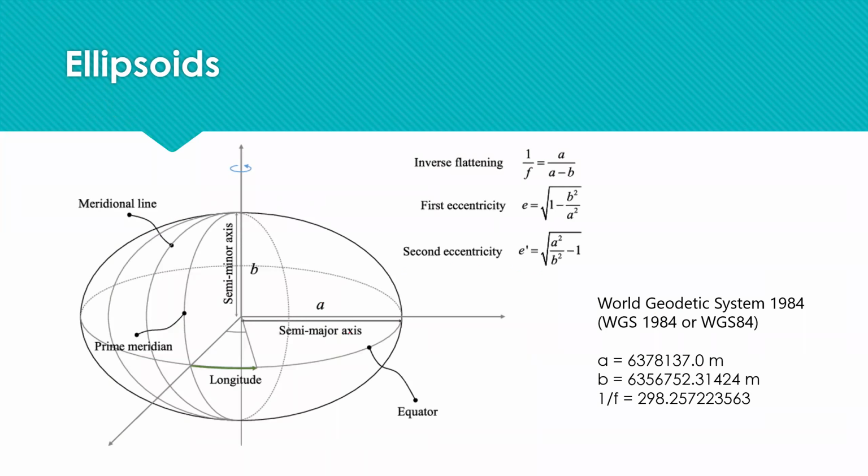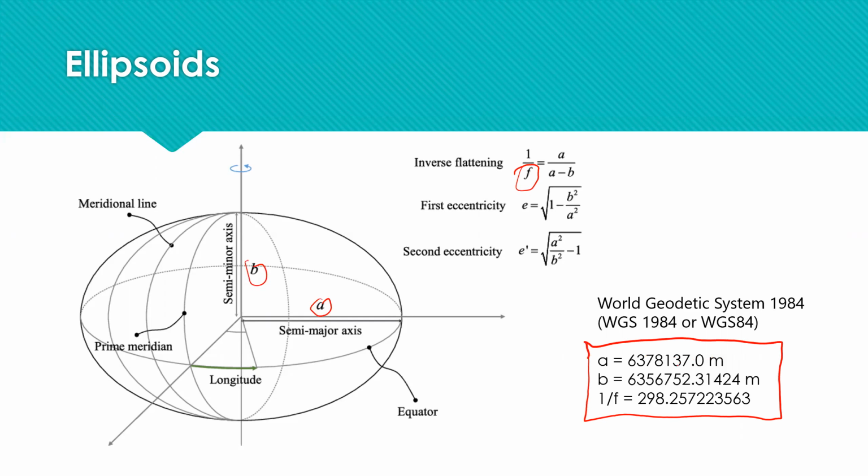Here's the mathematical model of an ellipsoid. There are three parameters that we need to know. The semi-major axis, the longer axis, goes out across the equator. That's going to be this value A, and then B is the vertical axis, the semi-minor axis. A and B are not going to be equal to each other. If they were, we'd have a sphere. And then you can calculate this flattening parameter F, which is a function of A and B. For the Earth, this is the spheroid that we fit to the planet.